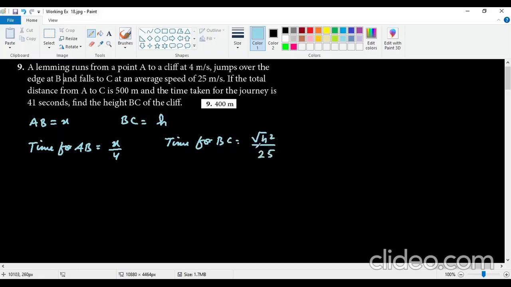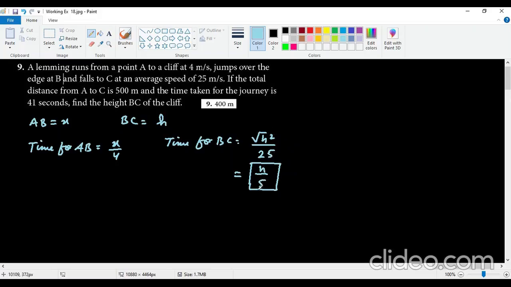Okay, so the height we don't know. So what we'll do is we will simplify this as h over 5, because this square will be cancelled with the root, and 25 will become a 5.